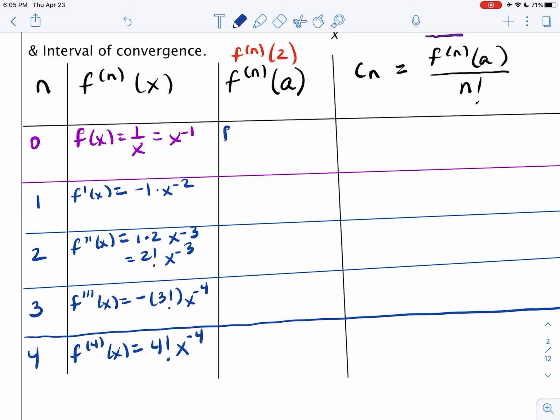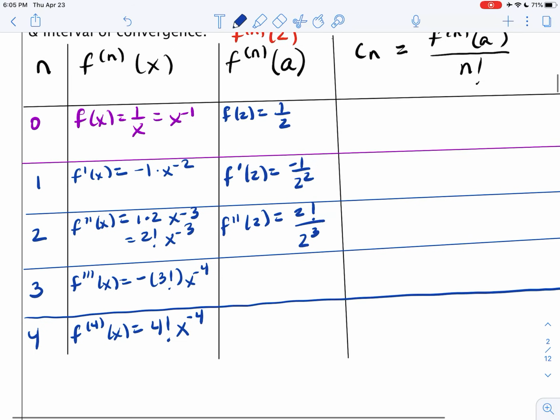the nth derivative evaluated at a equal to 2. And so in this instance, f of 2 is going to be 1 over 2. And in this case, f prime of 2 is going to be 1 over 2 squared. And f double prime evaluated at 2 is going to be 2 factorial over 2 cubed.